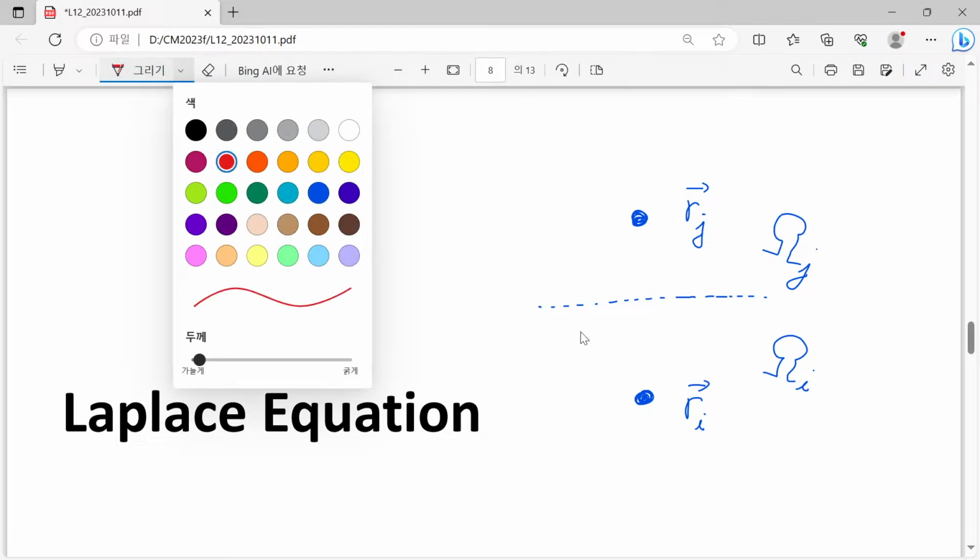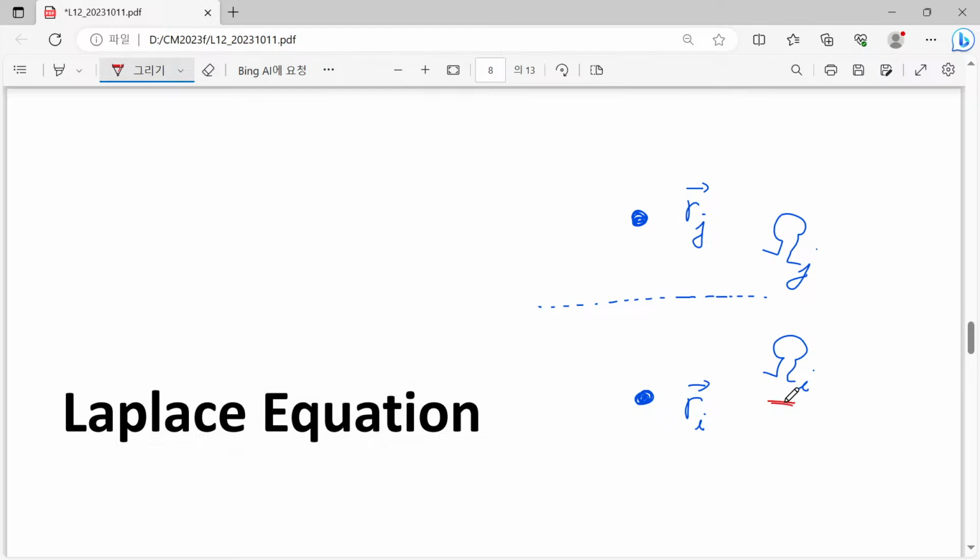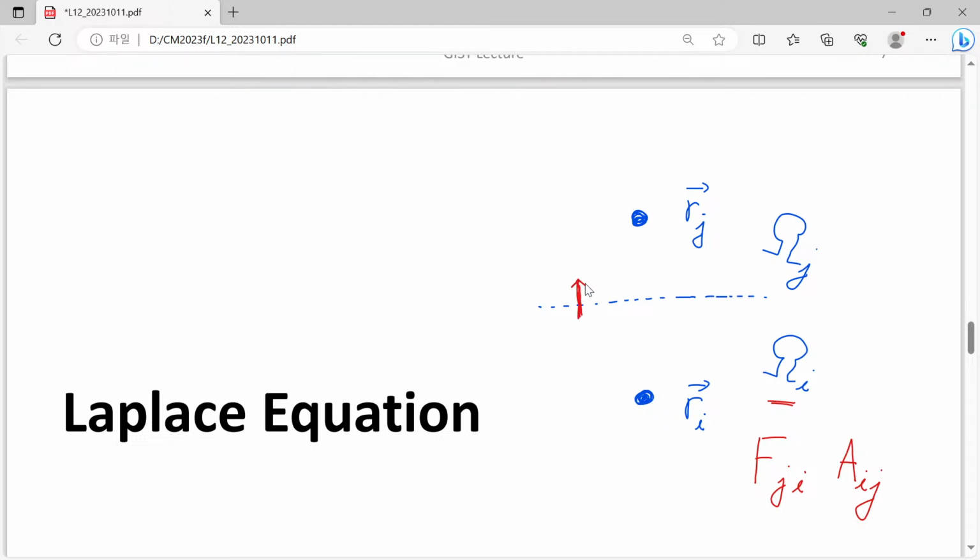In the case of omega I, that will make something like this. Of course, we must consider the area of A sub ij and the flux of what? Flux of ji. It is because we must calculate this component.